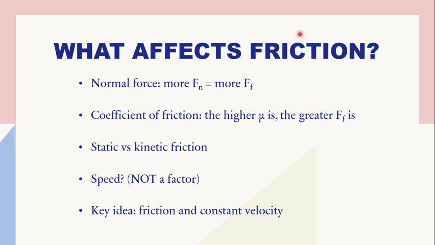Let's go over the factors that affect the amount of friction force on an object. The first one is normal force, or perceived weight. Try this. Take a book and drag it along a table. Take note of how much you have to pull to get the book to start moving, and how dragging the book feels. Then, take 2 to 3 more books and stack them on top. Now, pull the stack of books across the same table.